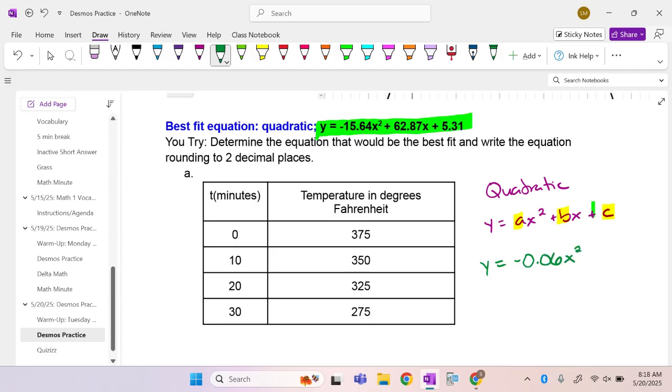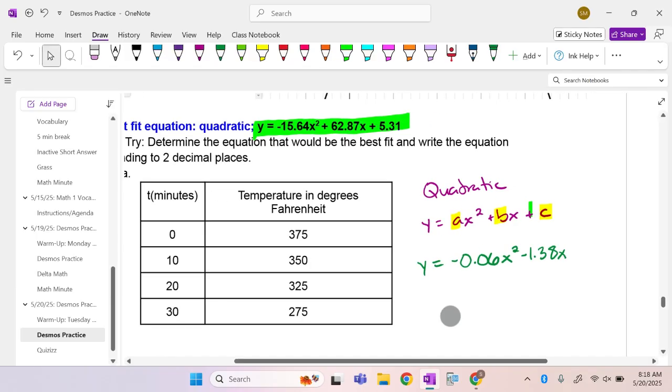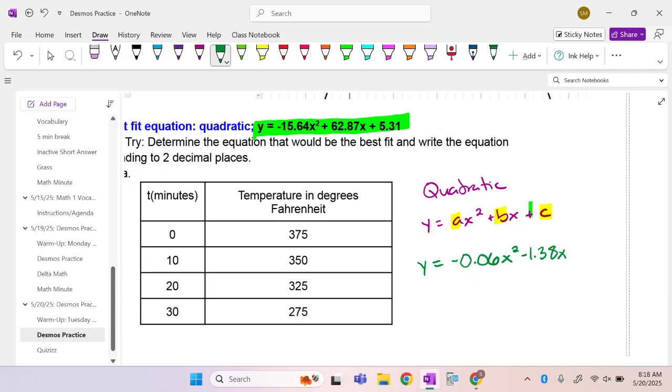What's my B value? 1.375, so we'll call it 1.38 x. What's my C value? Negative 7.317. So 32.